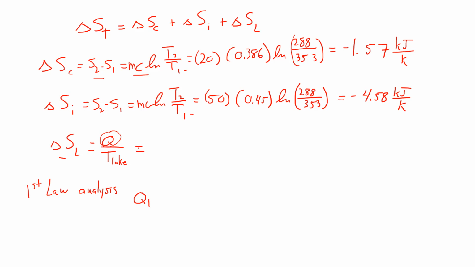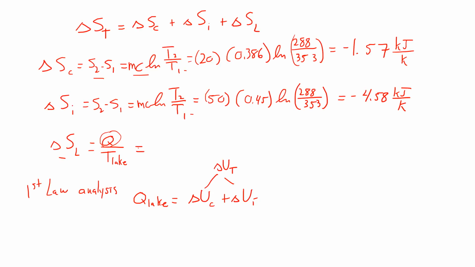If I do a first law analysis, again, I'm not going to start by going through E in minus E out equals delta E system, but I can tell you that if I take the two blocks as the system, I have Q leaving the blocks to the lake, due to the internal energy change for the copper block plus the internal energy change of the iron block. The total internal energy change is equal to the internal energy change of the copper block plus that of the iron block.